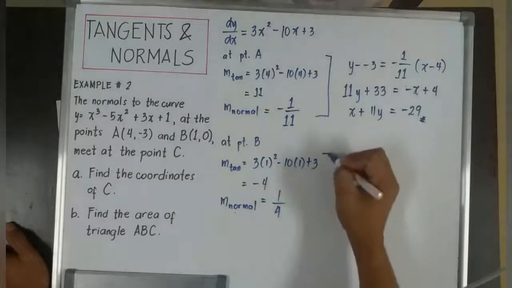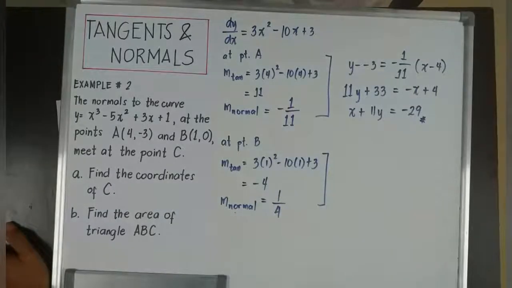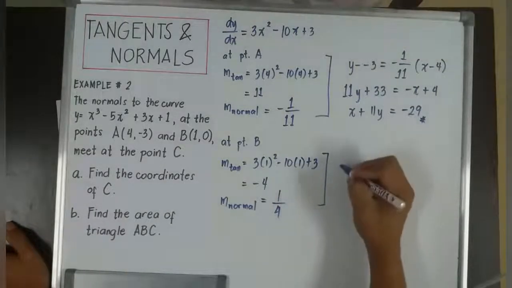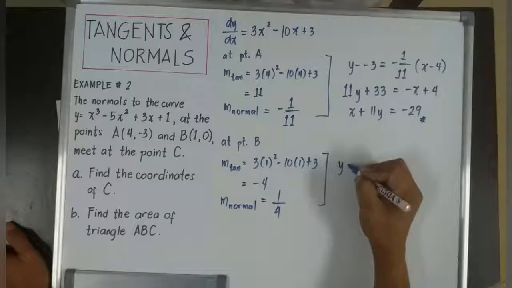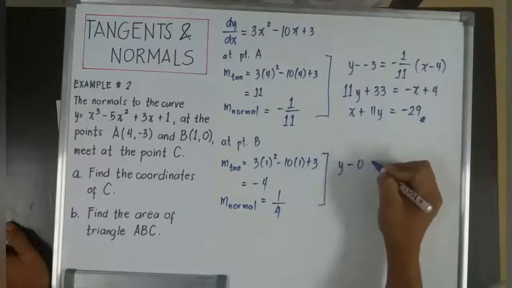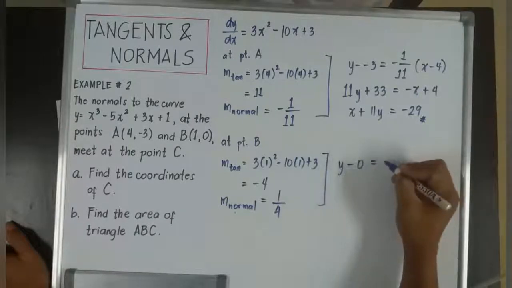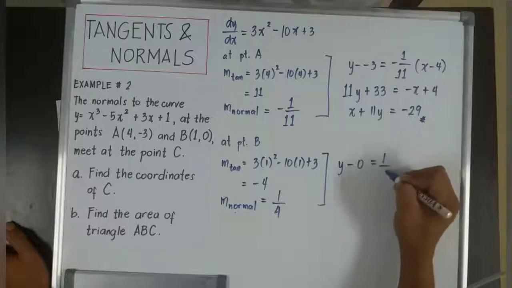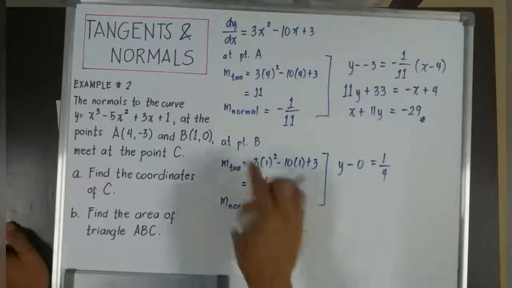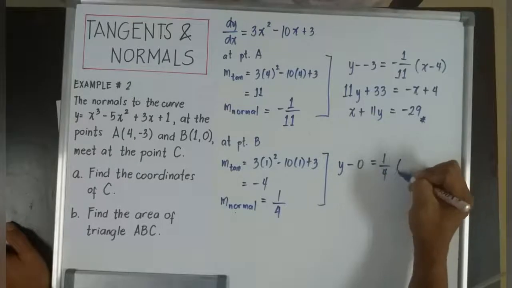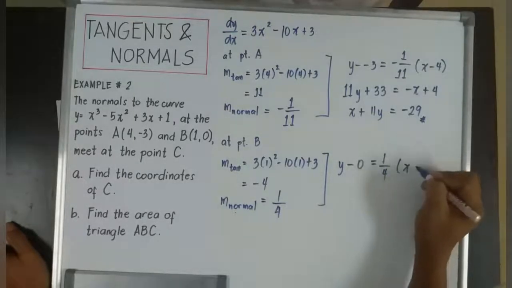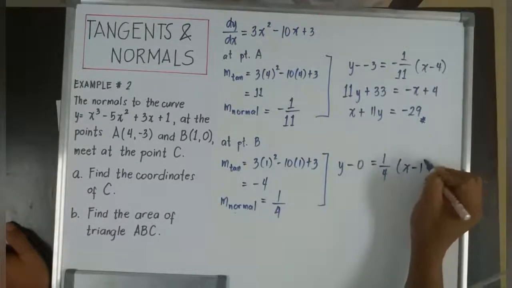Next, how about for point B? I'll have y minus 0 is equal to positive 1 over 4, because the gradient of the normal at point B is 1 over 4, times x minus 1.